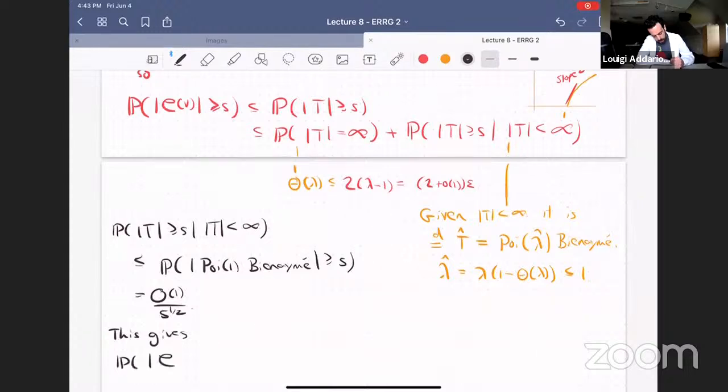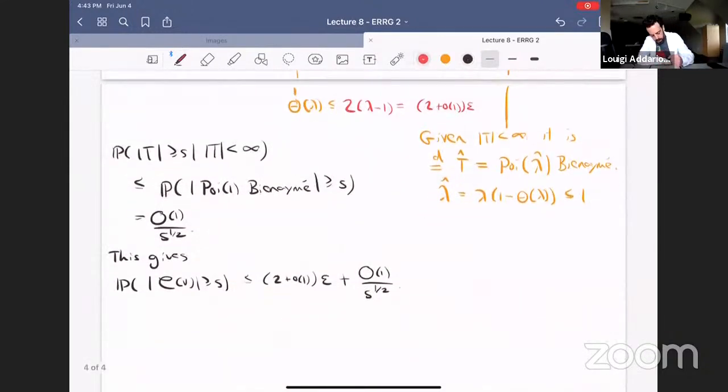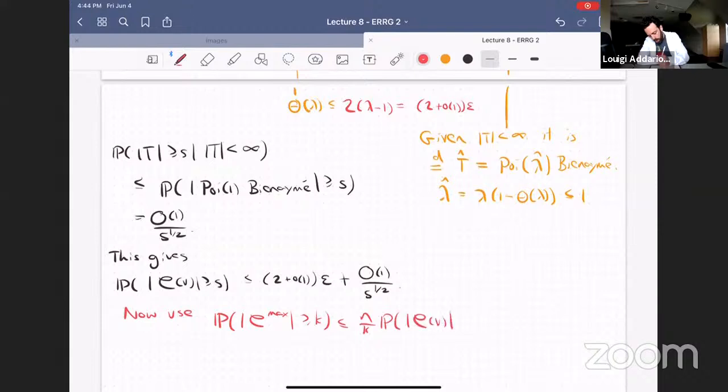the bound, probability C_v is at least s is at most the sum of those two things. Okay, and now we use the lemma from last time, which said that the probability that the maximum component size is at least k is at most n over k times the probability that, well, C_1, I wrote it for before, so this bound was for any vertex v.